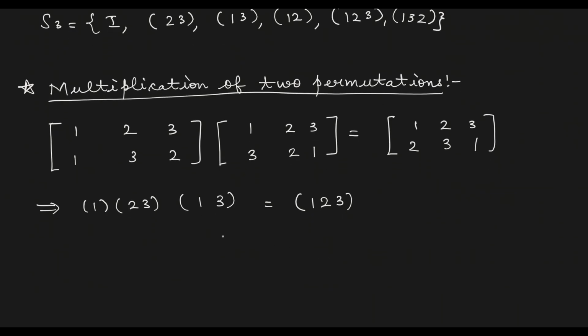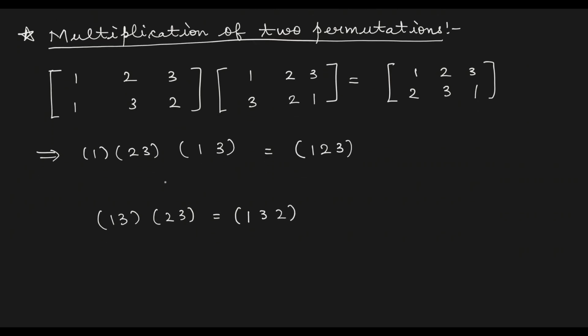And I want to check whether this is abelian or not. So (1 3) times (2 3). This is simple. Firstly, I will write 1. Here 1 is mapped to 1 because 1 is not present now. So 1 is mapped to 1 and here 1 is mapped to 3. Here 3 is mapped to 2 and 2 is mapped to 2.